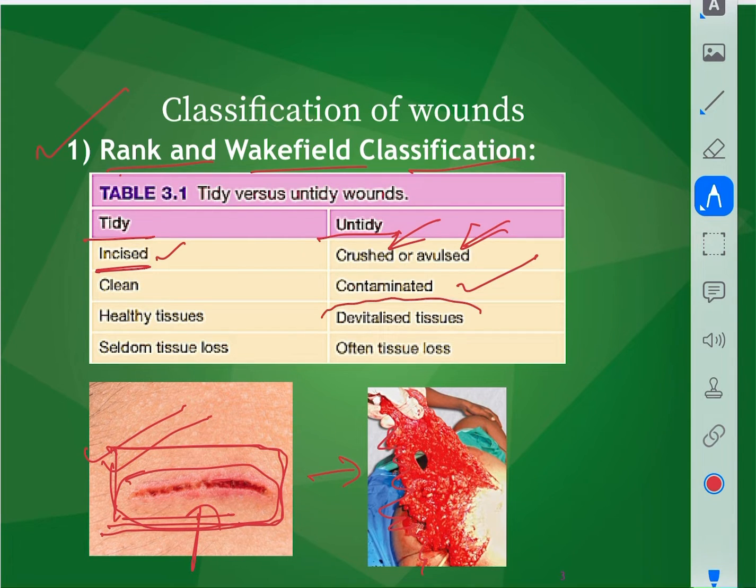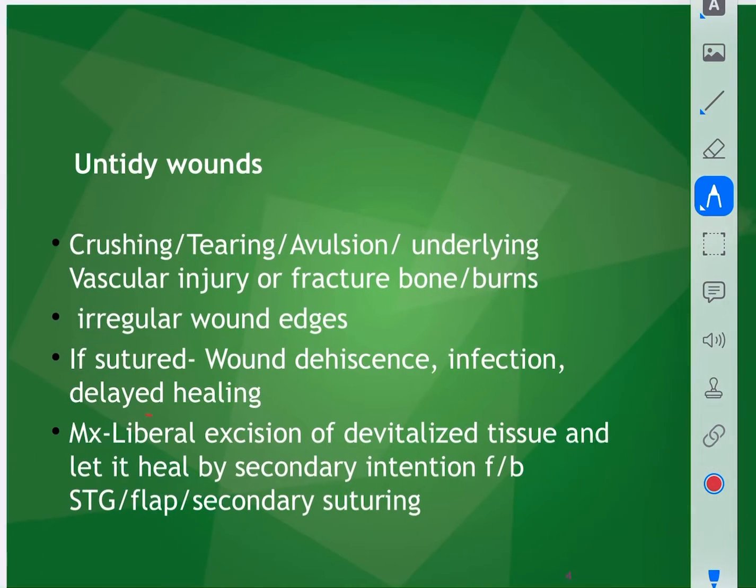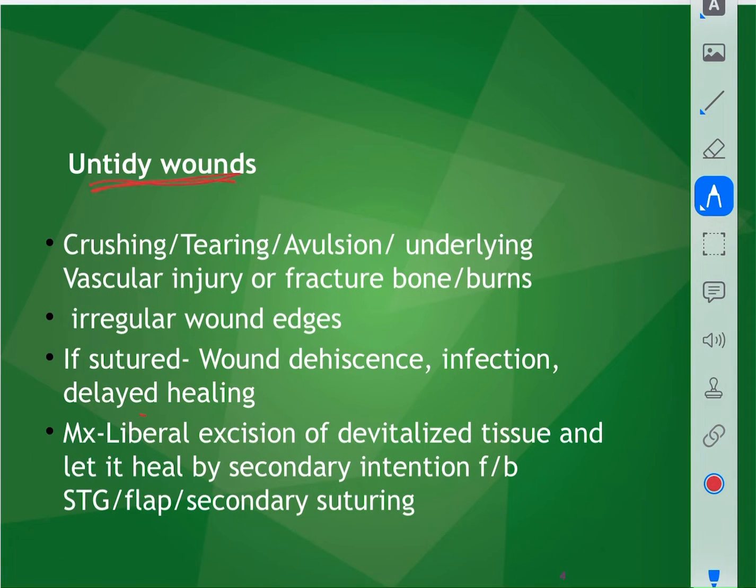A lot of tissues get devitalized and unhealthy, and there is a lot of tissue loss also. The untidy wounds could be crush injuries, tearing injuries, avulsion injuries. And it's not just that, there can be associated underlying vascular injuries also, fracture of the bones also. Even burns are categorized under untidy wounds.